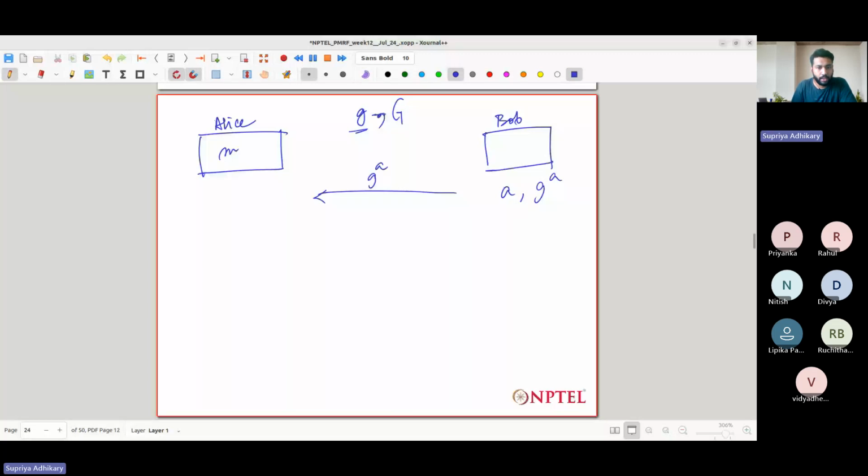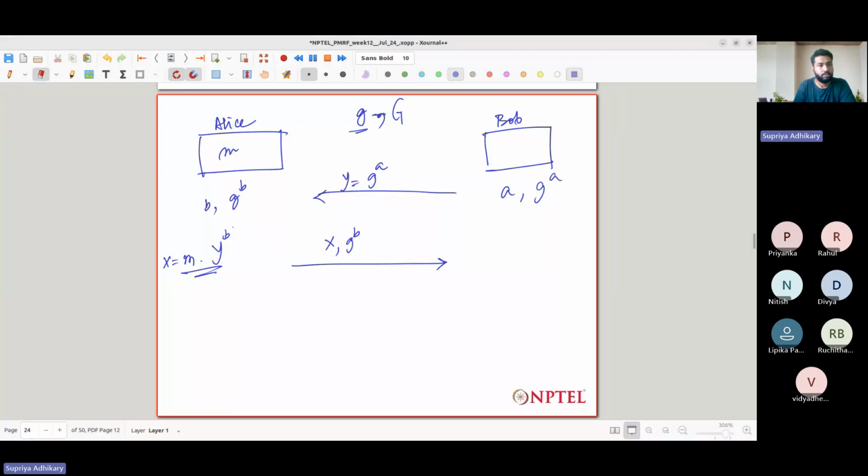Now Alice randomly samples a b and then computes g to the b. Whatever the g to the a is, that is given as y, let's say. So it computes y to the b and then multiplies the message with it. Let's call that x. So Alice now sends x and g to the b.